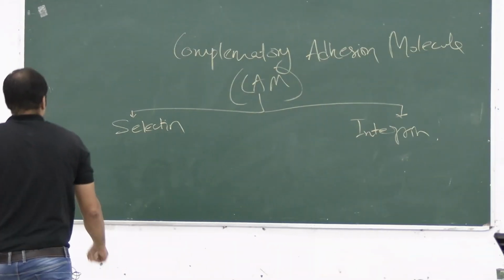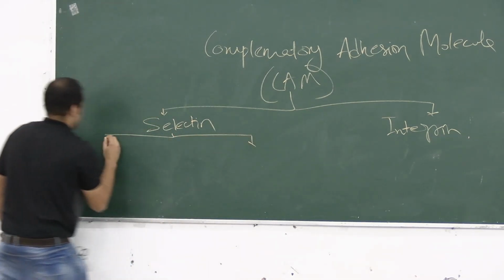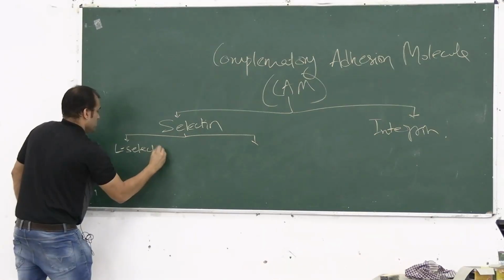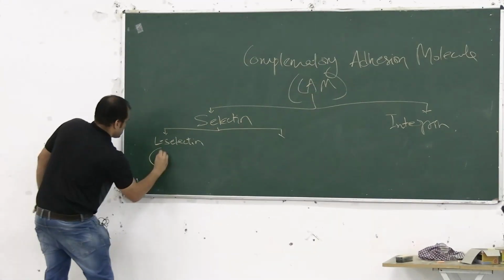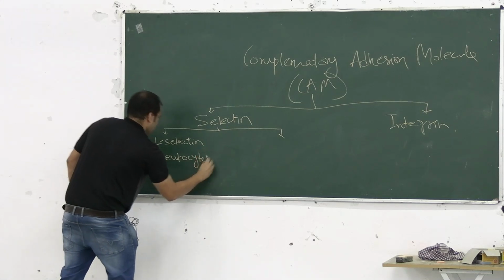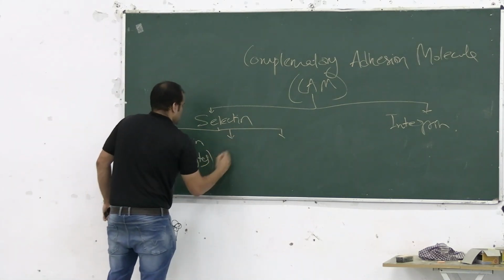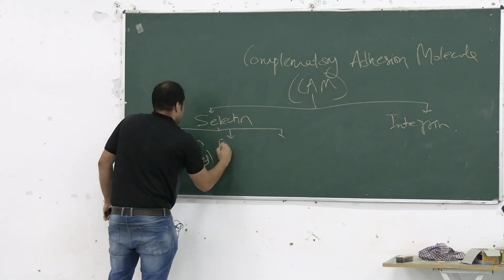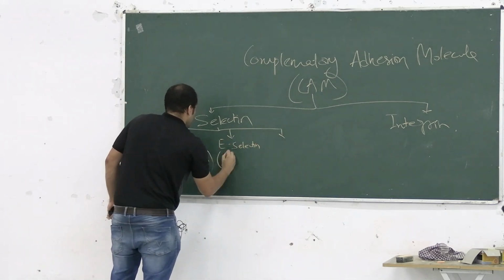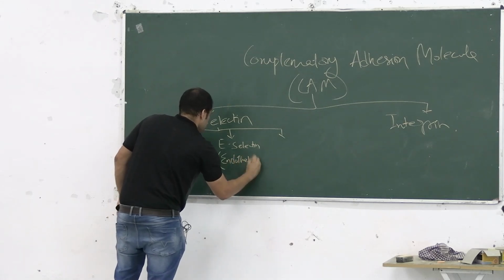How many types of selectin are there? L-selectin, present on leukocytes. E-selectin, located on endothelial cells.